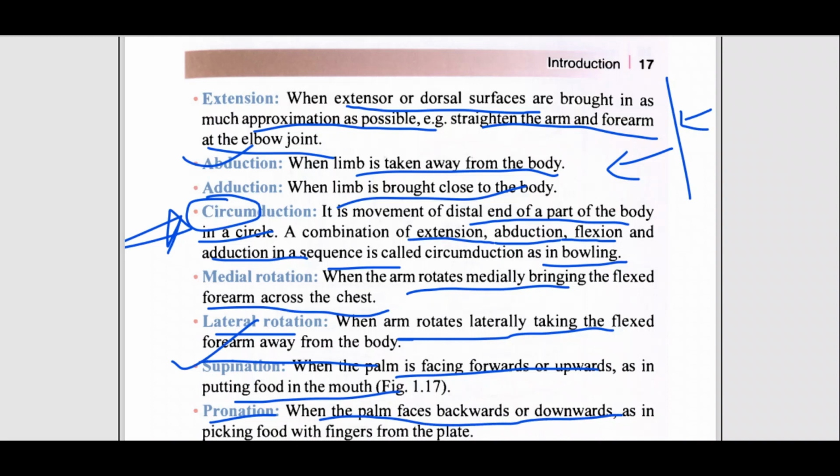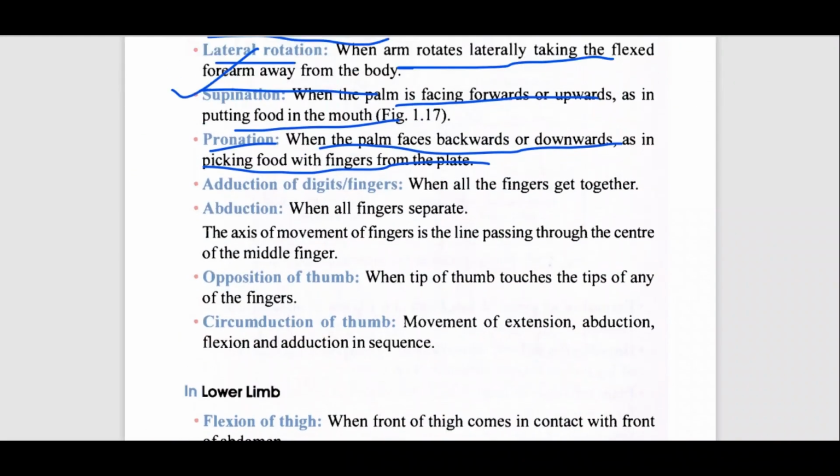However, pronation, when the palm faces backward or downwards, as in picking the food with fingers. अच्छा, जब हम कोई खुराक ले रहे होते हैं उस वक्त हमारा palm जो है that is in pronation. However, जब हम उसको खा रहे होते हैं, at that time our palm is in supination.